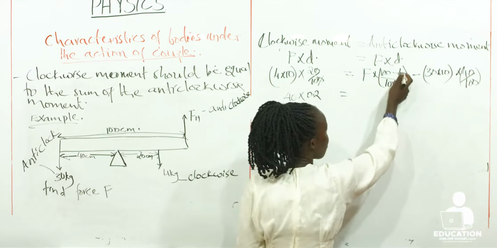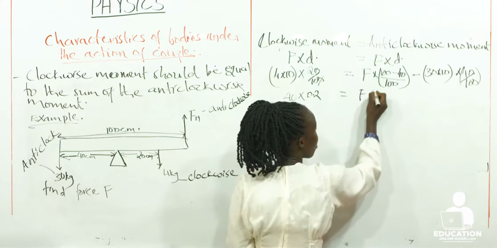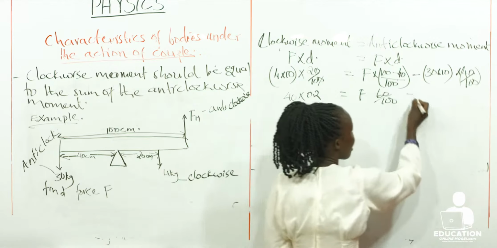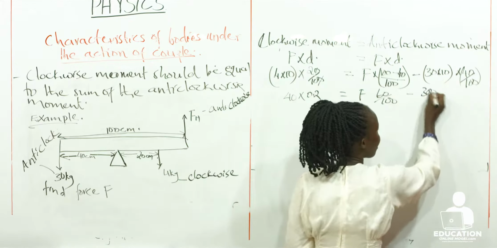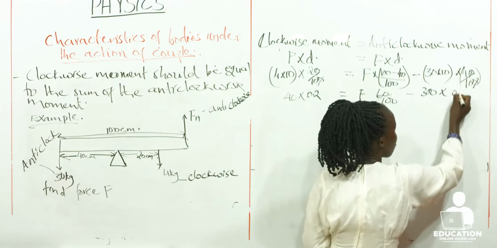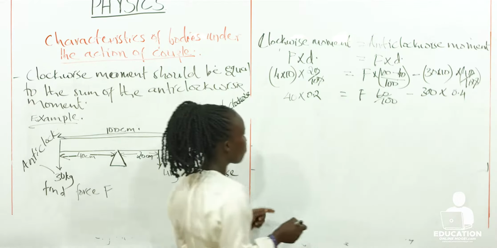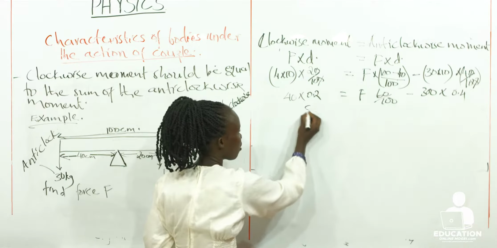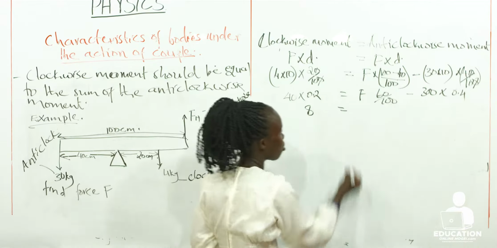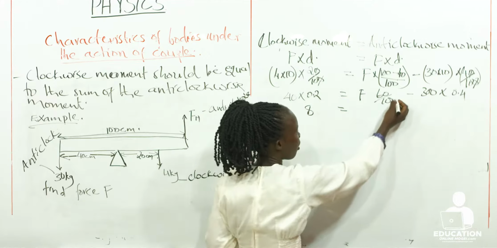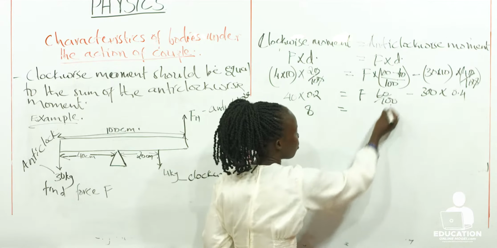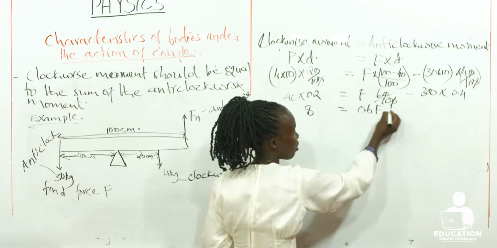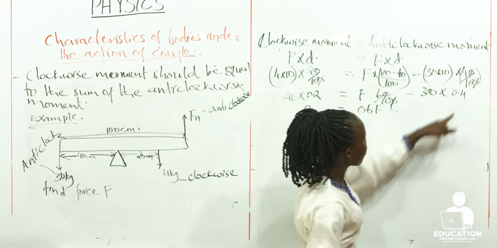This one when you subtract, it will be 60 divided by 100, F, minus 300 times 0.4. So this one multiplied by this will give you 8 equals 0.6F minus 300 times that.